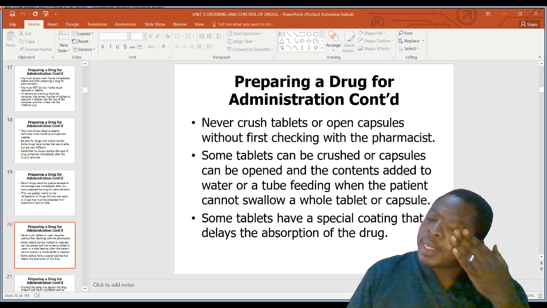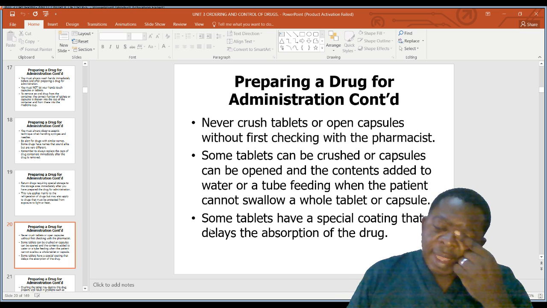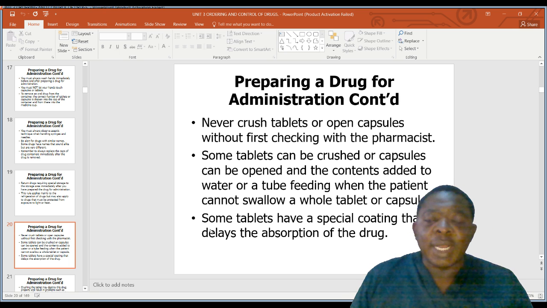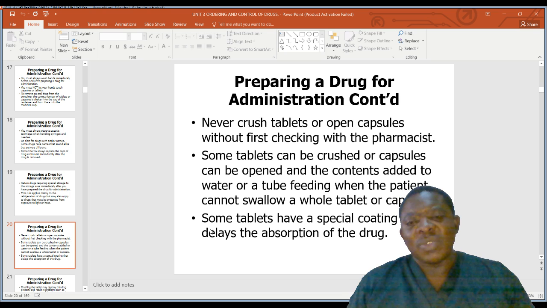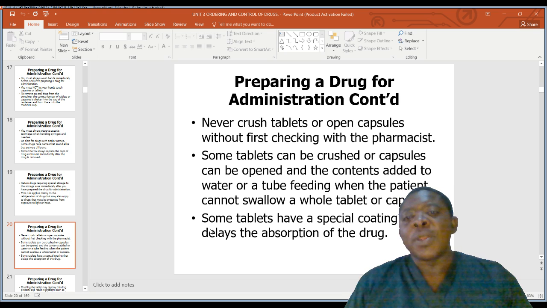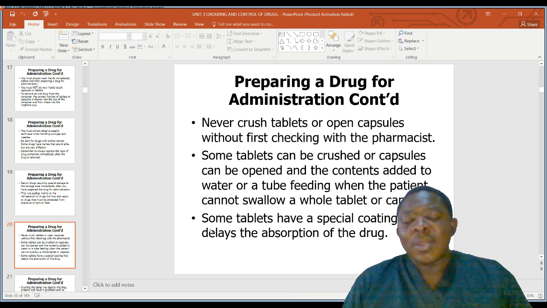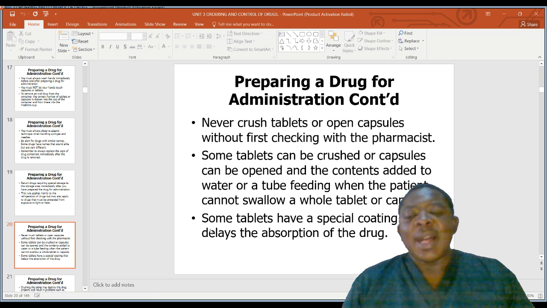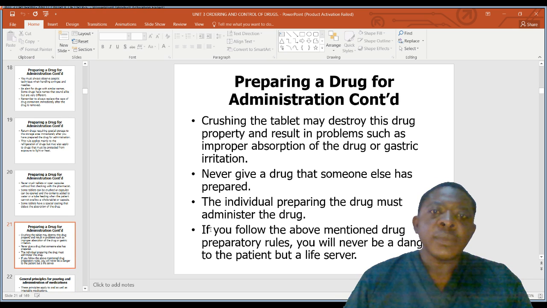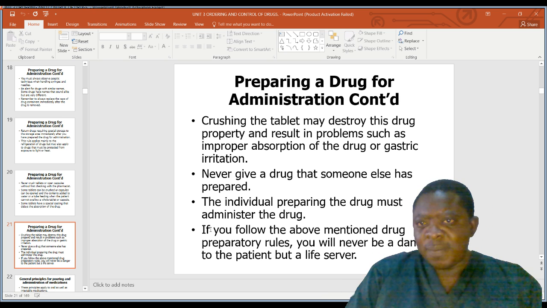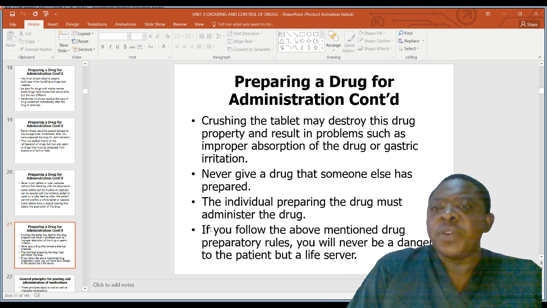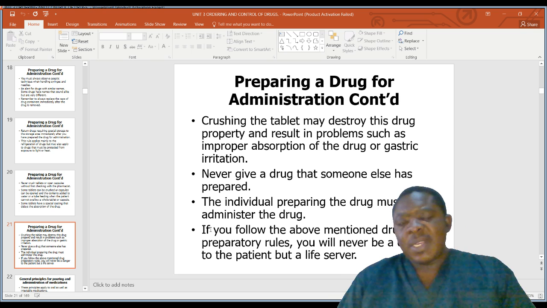If you cut them, it means when you take the drug, it will easily be lost within the gastric acid and will not be absorbed. So that's why you need to know that some drugs are coated. Crushing the tablets may destroy the drug's properties and result in problems such as improper absorption of the drug or gastric irritation.